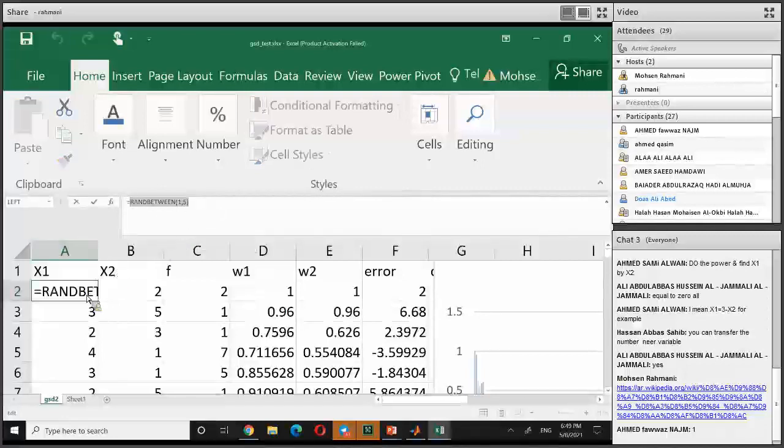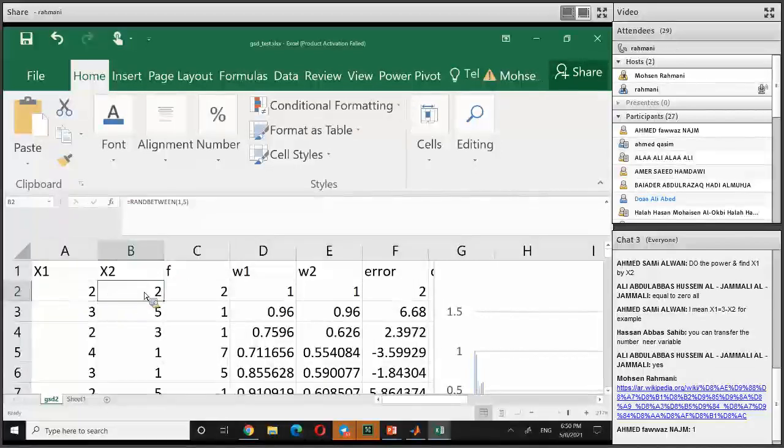I have used the term RANDBETWEEN for the first input, between 1 and 5, and the same for x2. And f is 2 times x1 plus x2.